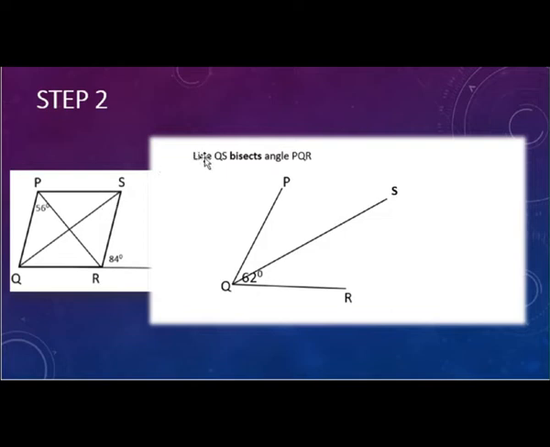We were told line QS bisects angle PQR. So from the original diagram, this line QS bisects angle PQR. We draw that diagram on the side here. This is angle PQR, and then line QS bisects that angle. To bisect is to divide an angle into two equal halves.